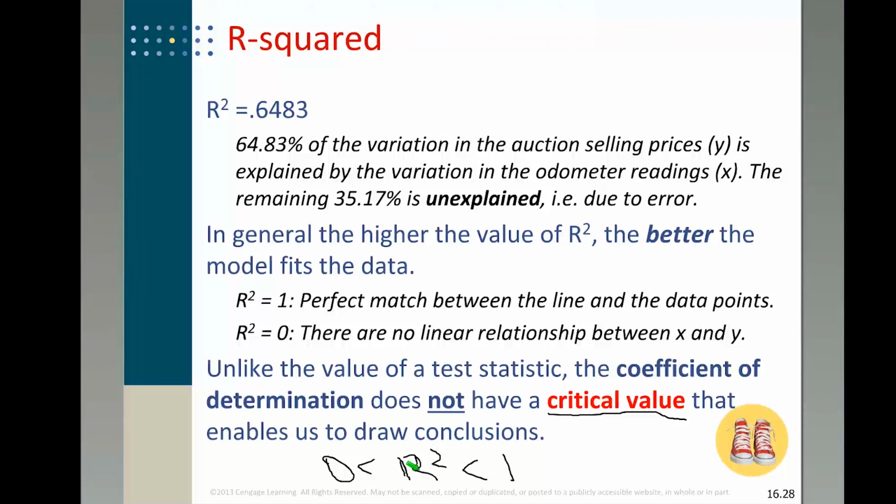Okay? Now, interpretation for the R-squared, we're going to say, for this example, 64.8% of the variation in the selling price is explained by the variation in the mileage. Okay? And the more the better, so 64 is roughly a good number.